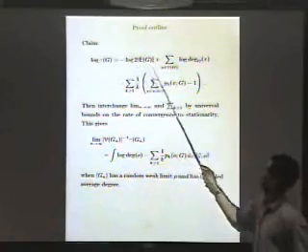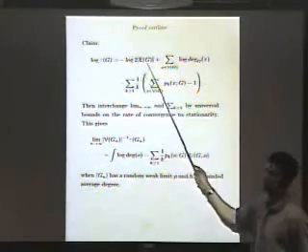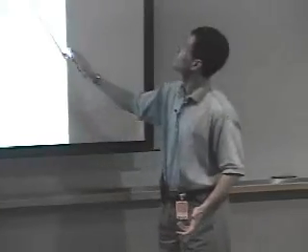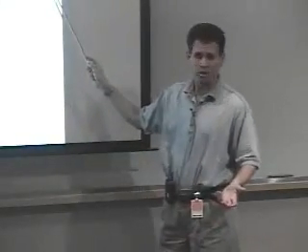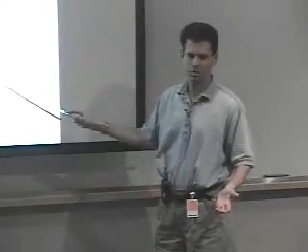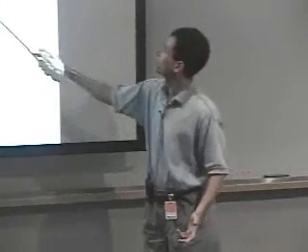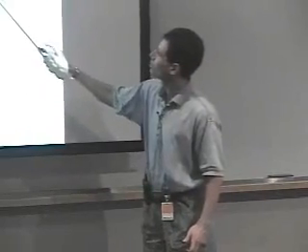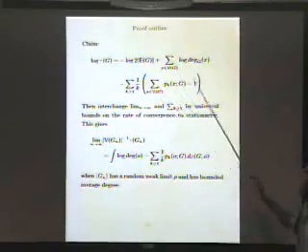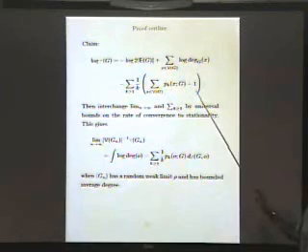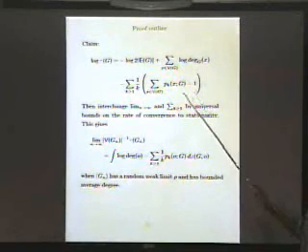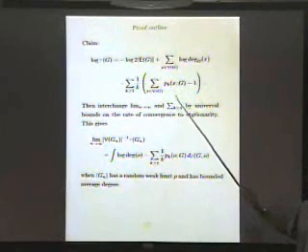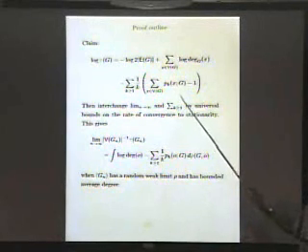This is basically log of something over the thing that tends to 0. This part gives me the average log degree, which is one of the terms I want. What about over here? Well, if I put 1 over the number of vertices inside here, this subtracting 1 is going to disappear in the limit if I take a limit term by term. And this tends to the return probability from a root, the average center.